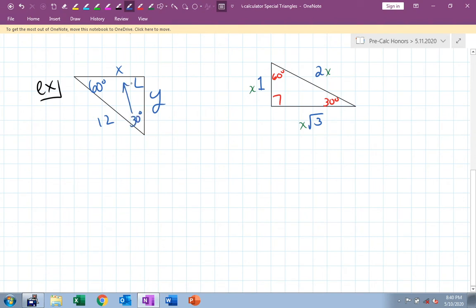The smallest side, remember, again, back from geometry, is always opposite the smallest angle. So that means x is my smallest side. So that means x is going to be equal to half the hypotenuse, or 6. Which makes y, whatever that was, plus a root 3. So 6 root 3. Ta-da!